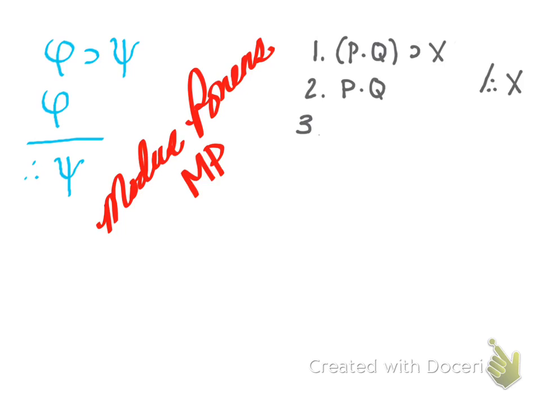So we can infer, put on a new line, the consequent of that conditional, X, and we can justify our doing that by citing lines 1 and 2 and the rule modus ponens. And so we have proven, because we know that MP is a valid inference, that X follows from the premises P and Q.